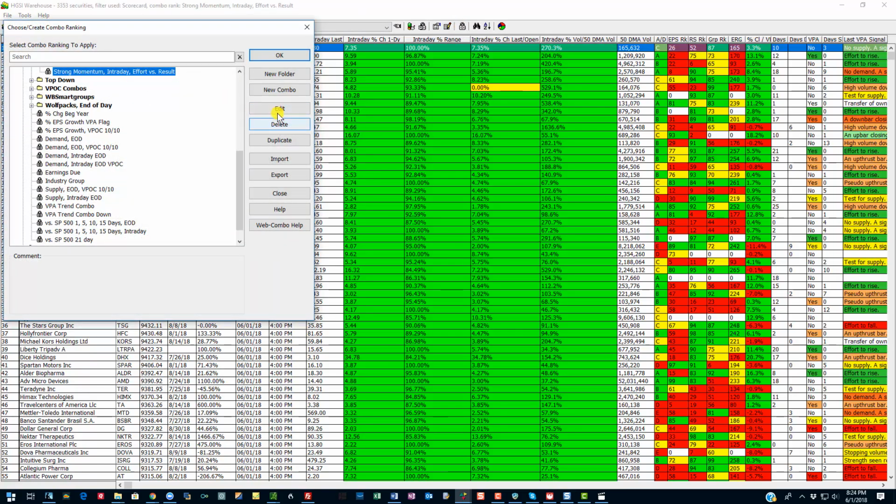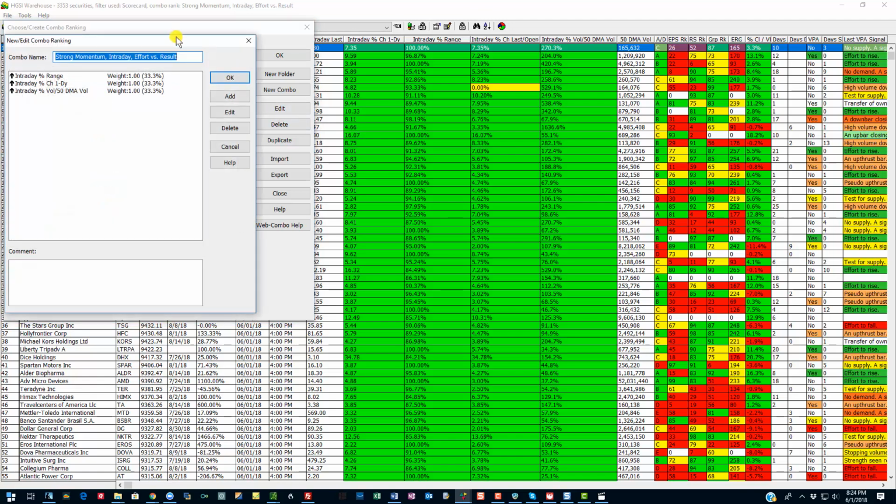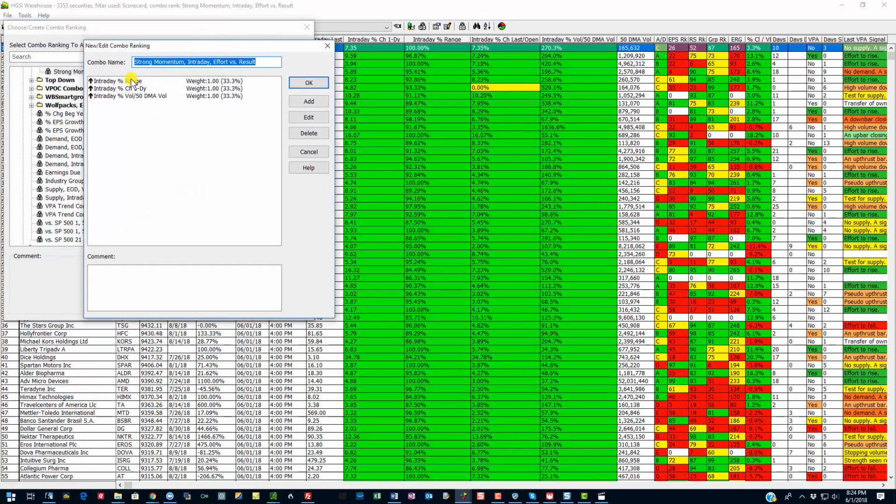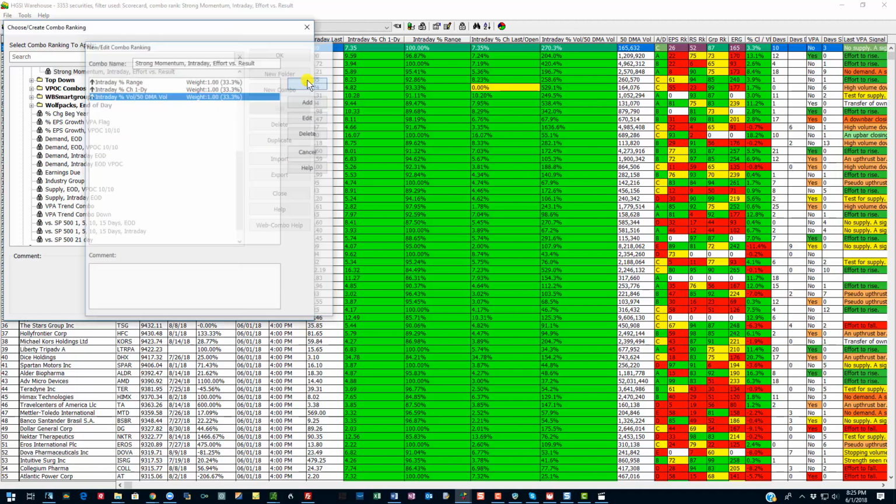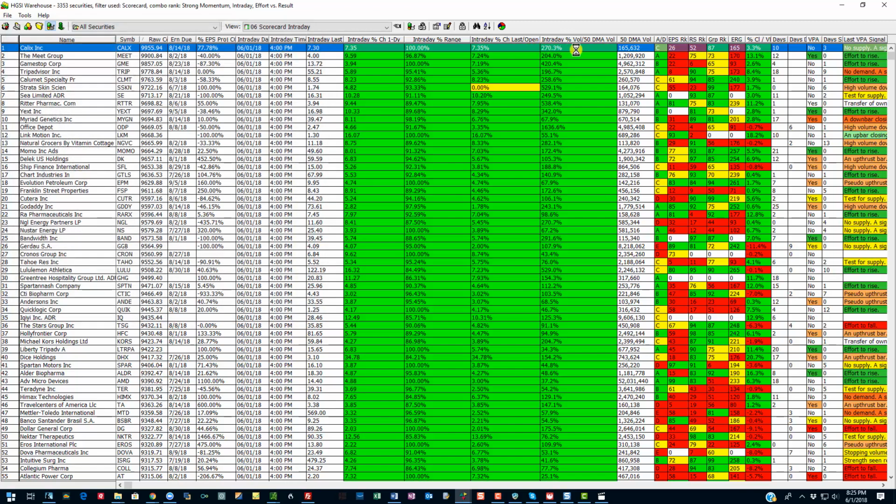What this does, and this is an excellent way to prospect for stocks during the day, it just takes the three component parts: the intraday percentage range, the intraday percentage one-day change, and the intraday percent volume divided by the 50-day moving average volume. And that volume is calculated. This is an estimated number during the day.